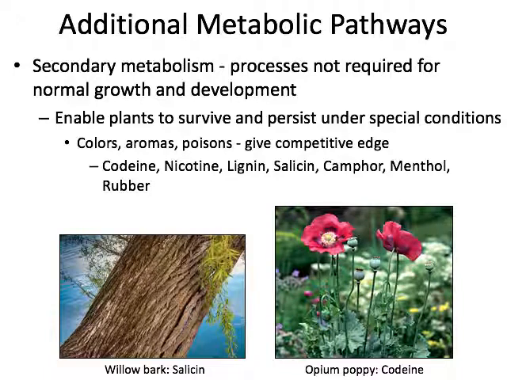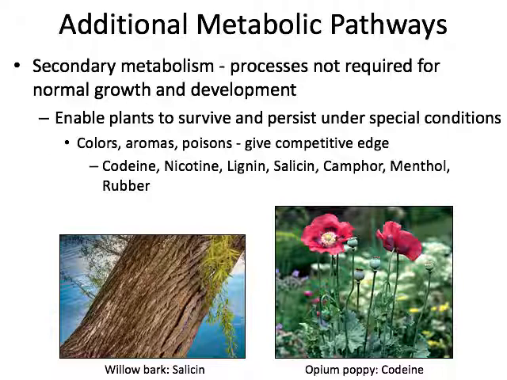So there are actually additional metabolic pathways that plants can use as well. And this refers to what we call secondary metabolism. These are processes that aren't required for normal growth and development, but they can be essential to plant survival. For example, they can help plants survive and persist under difficult environmental conditions.